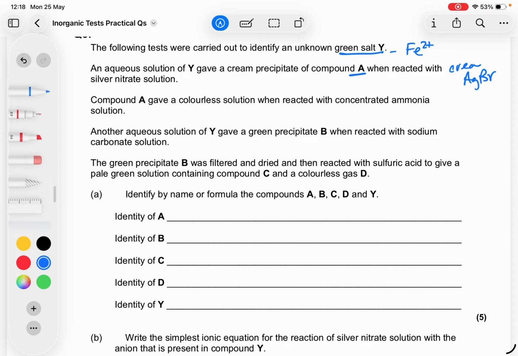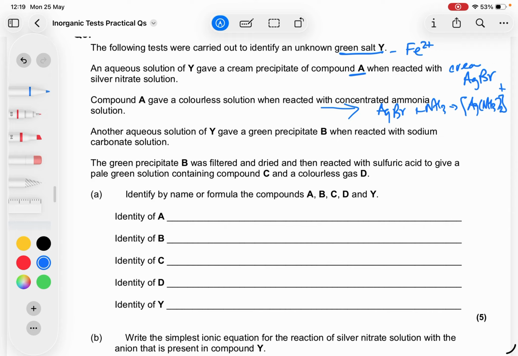Compound A gave a colorless solution when reacted with ammonia solution. So that could be AgBr reacting with ammonia to give you the Ag(NH3)2 plus solution.